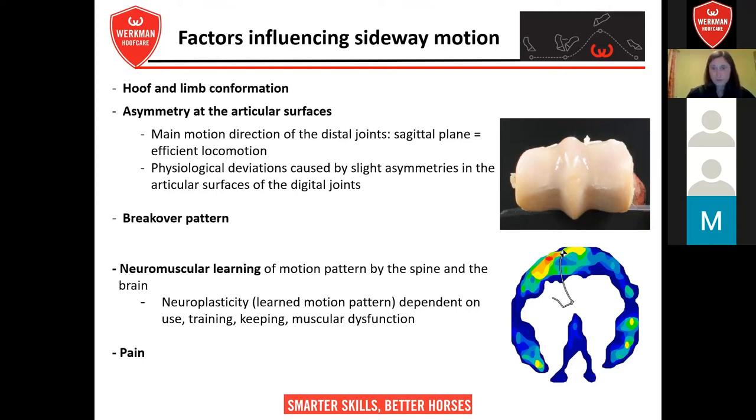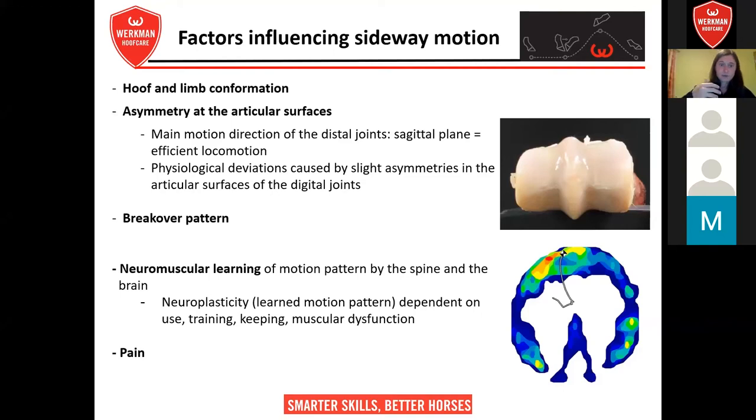And as we know, these asymmetries also influence breakover, and breakover is the phase before swing phase. So breakover initiates the swing phase. So that's why if you have horses breaking over lateral, for example, they will have a different swing phase pattern than horses breaking over the medial toe. And a very, very important factor is neuromuscular learning. I will explain it to you in the next slides.